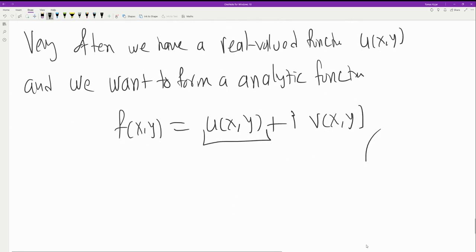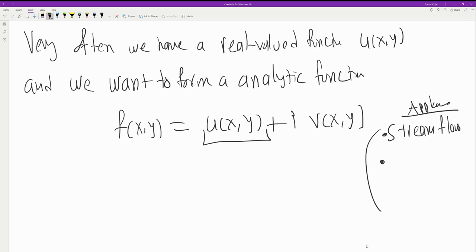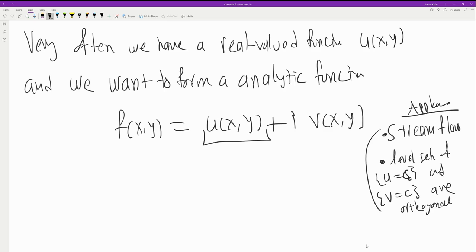One application is what we talked about before about stream flow. So applications. One is the stream flow. Another one is that level sets of u equals c and v equals c are orthogonal. And that's also very useful in application.